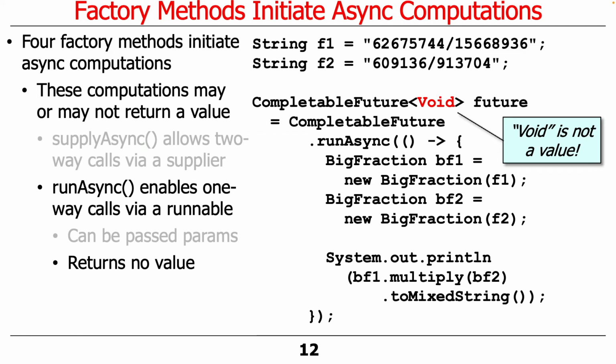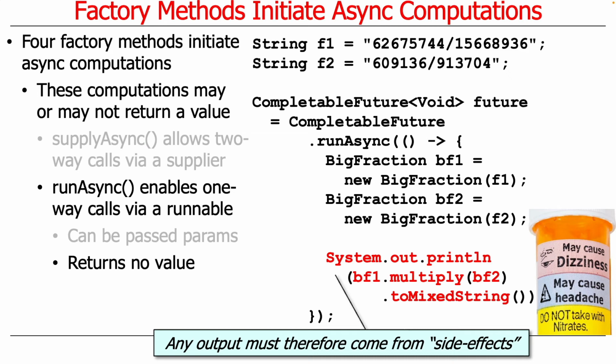Something is done, but we don't know exactly what happened. And as a consequence, if you have any side effects that are necessary when you call run async, you're going to have them done using some other means of output. So if you want this thing to do some kind of output, it's got to do it through a side effect. So you can see here what we do is we use system.out.println to print the results of multiplying BigFraction 1 and BigFraction 2 and turning it into a mixed string.